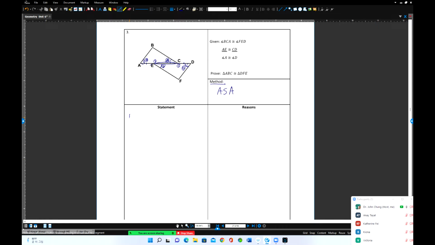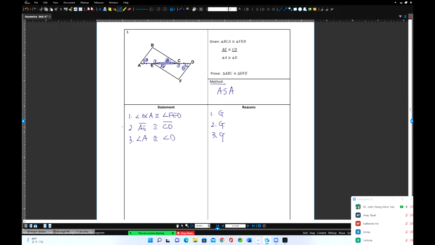Now write down angle BCA congruent angle FED. That's the given. AE congruent CD also given. Angle A congruent angle D also given.